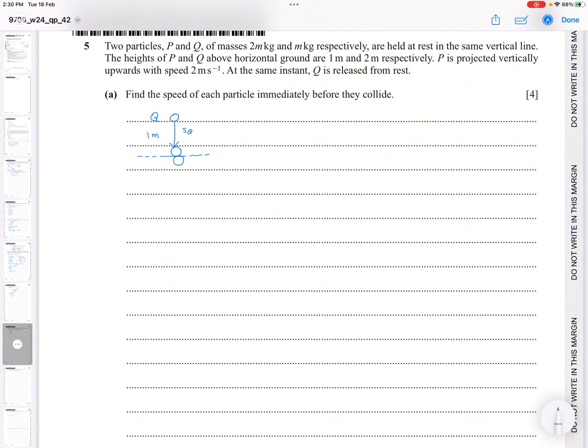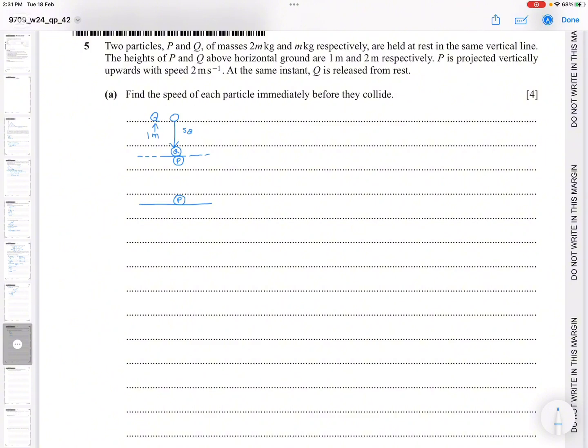Here is our particle P, which collides with Q, and P was actually 1 meter below it.